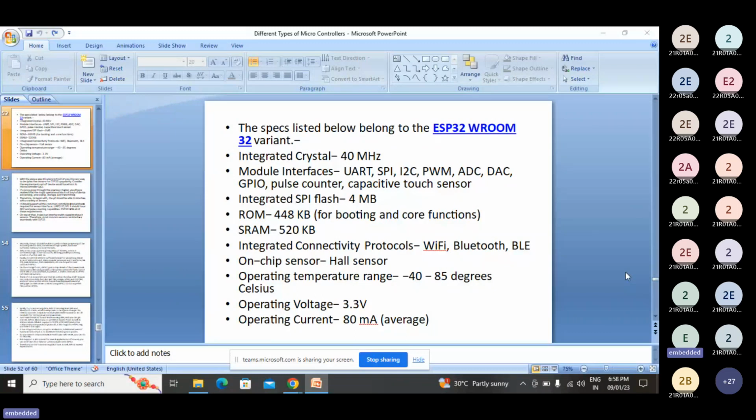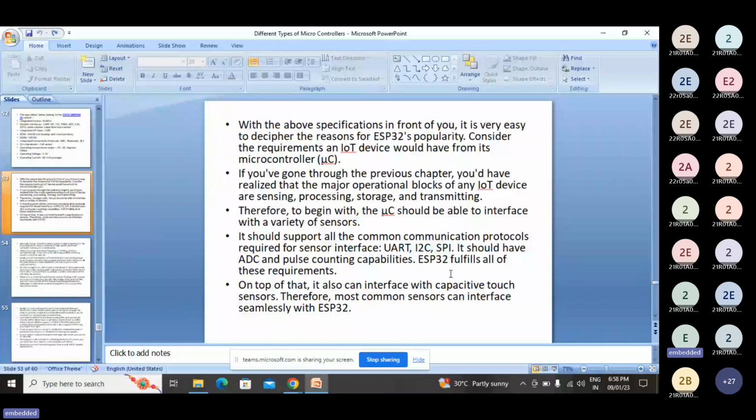With the above specifications in front of you, it is very easy to decipher the reasons for ESP32's popularity. Consider the requirements an IoT device will have from its microcontroller. If you have gone through the previous chapter, you have realized that the major operation blocks of any IoT device are sensing, processing, storage, and transmitting. Therefore, to begin with, the MCU should be able to interface with a variety of sensors.